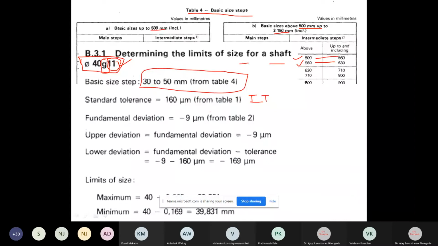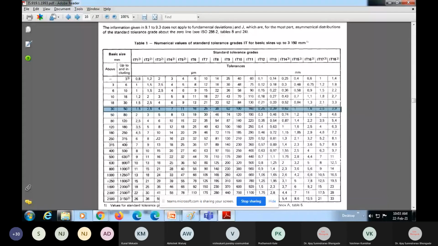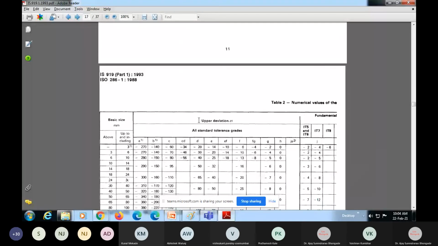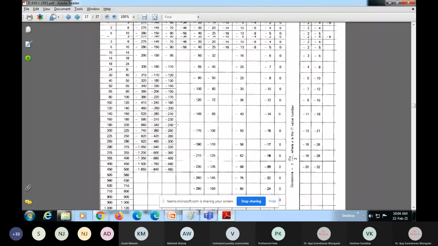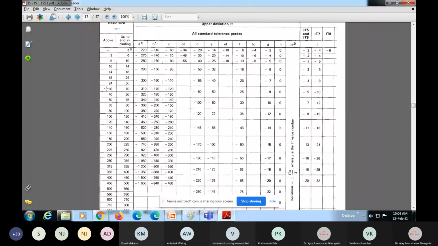If I go to table 2, which is for shaft, I know my basic size is 30 to 40. So this will be this particular row, where I know my value will lie, and I am talking about G. So we can see the value of G is -9. Can you see this?